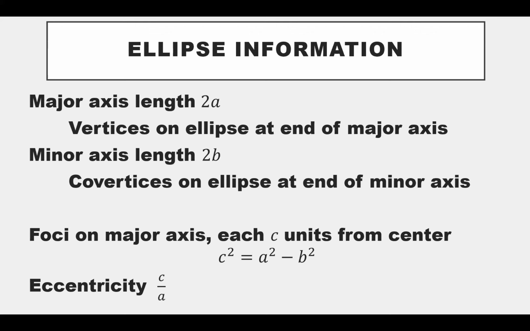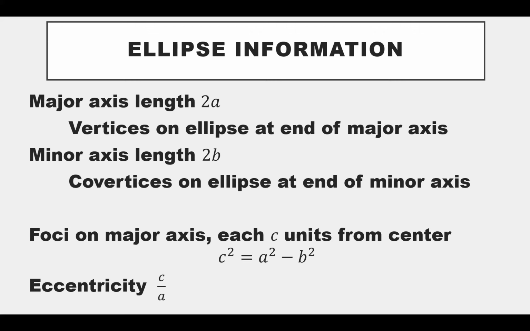The information on the ellipse is still basically the same, just shifted over. So our major axis has length 2a still. The vertices are still going to be on the ellipse at the end of the major axis. The minor axis is going to have length 2b.